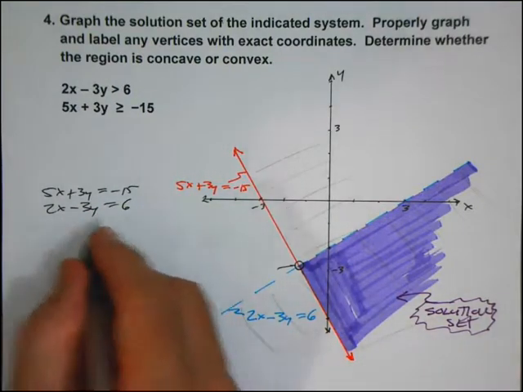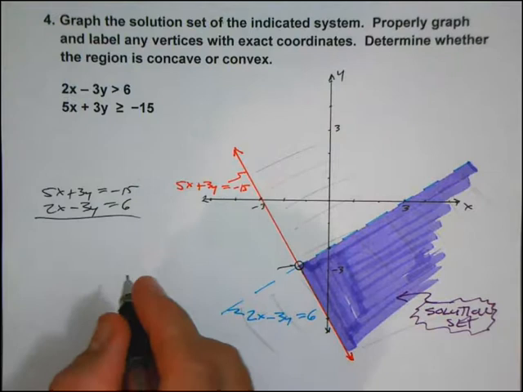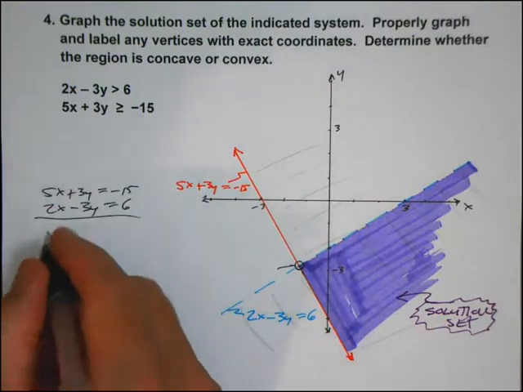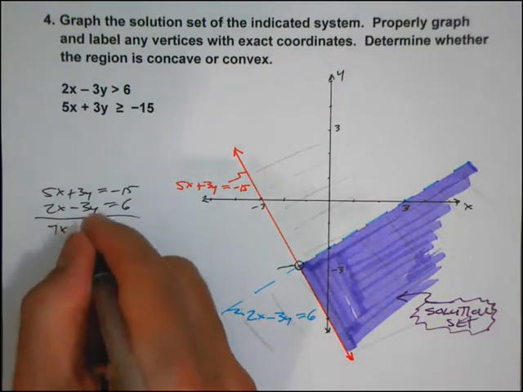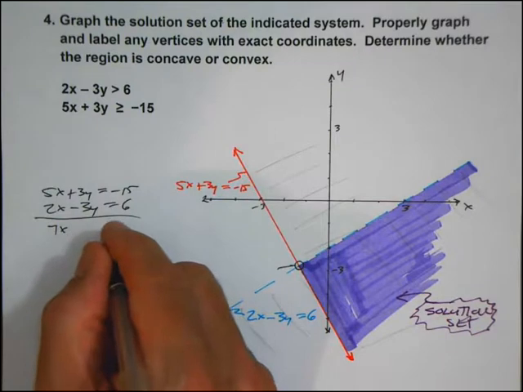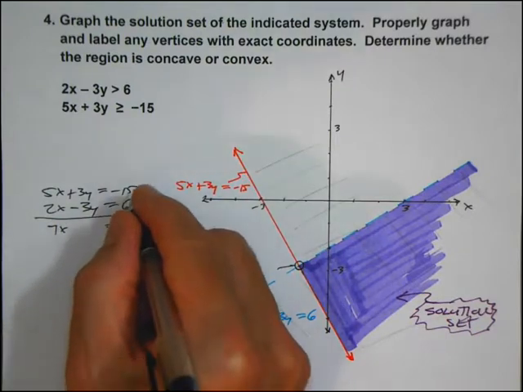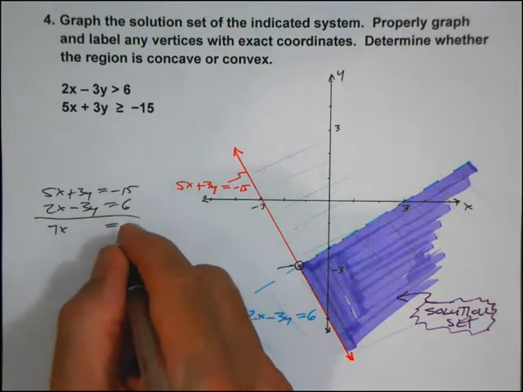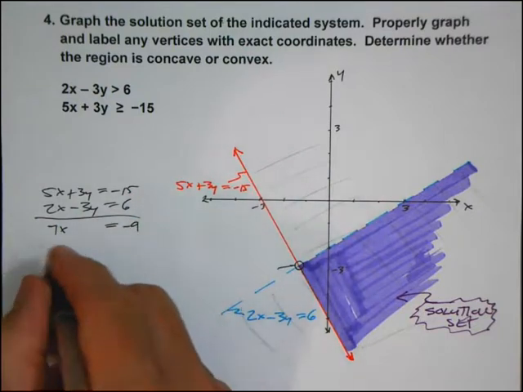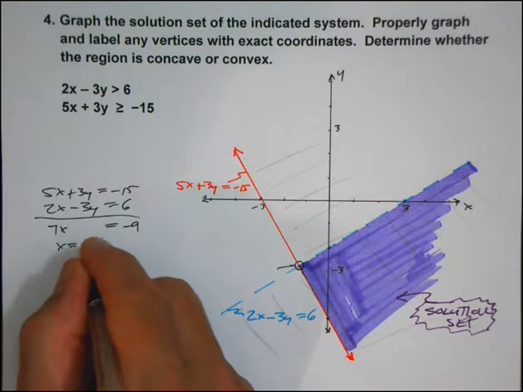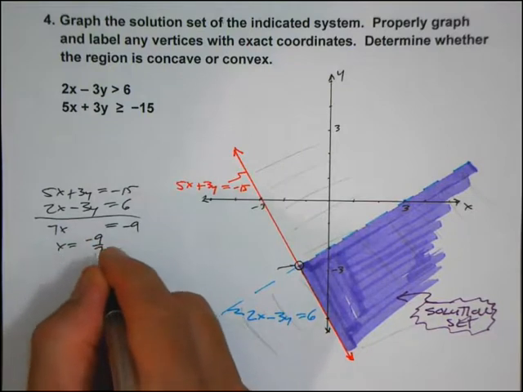This system is immediately ready for some elimination. Basically add the equations together. Here's 7x. The y's add to 0. And negative 15 and negative 6, that's negative 9... wait, the right sides give negative 15 plus 6, which is negative 9. So then that gives us x equals negative 9/7.